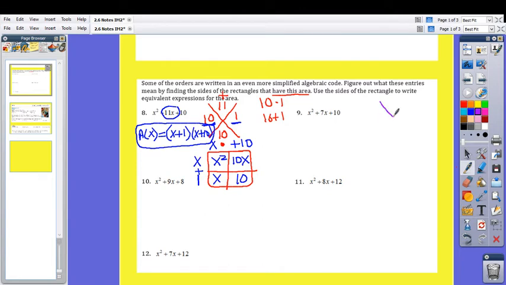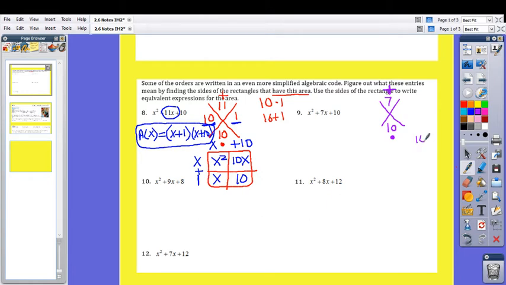So again, for that, this 7 we put here, and then there is nothing here, so it's 1. 1 times 10 is 10. Okay. Now we need to figure out two factors of 10 that will go here and here.